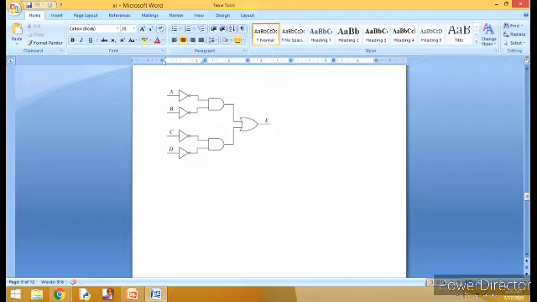Please draw the circuit in your copy and try to get me the output, so that I will come to know whether we are able to write the output for any given logic circuit.